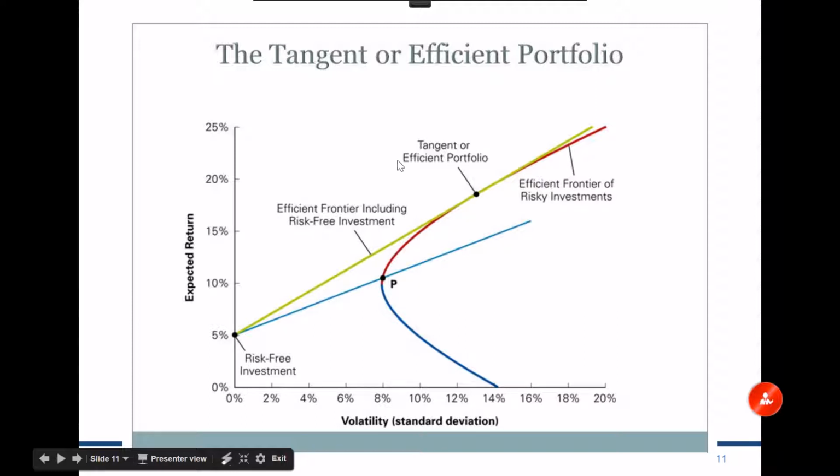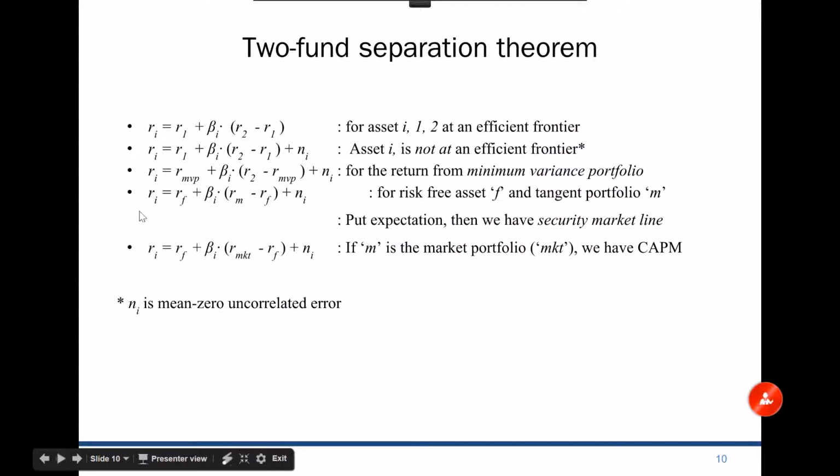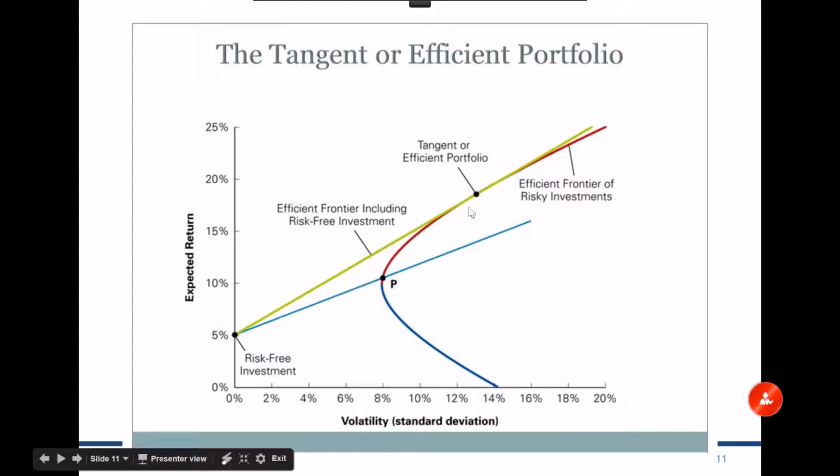This is called the tangent portfolio, right? This green line is the line, and the capital asset pricing model says that this tangent portfolio is the market portfolio. That's the whole point of the capital asset pricing model.